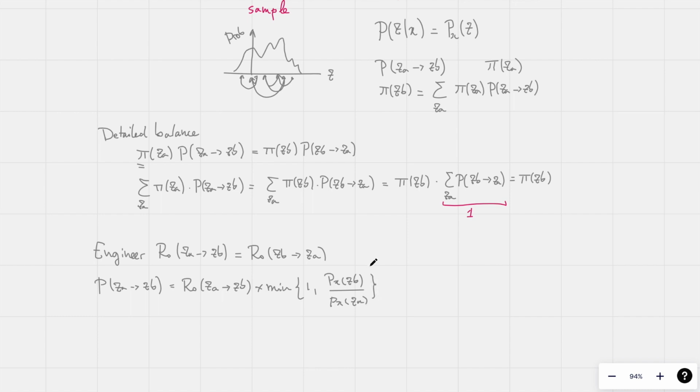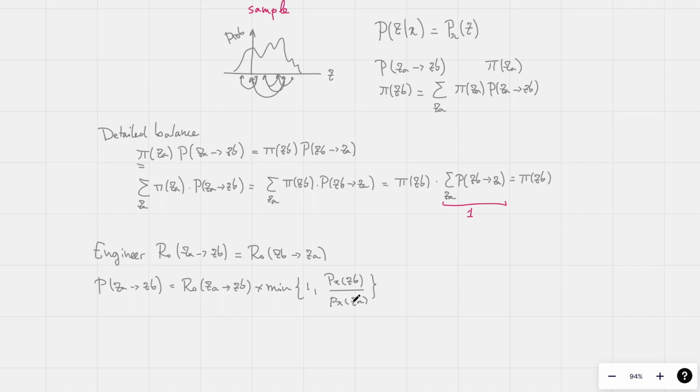So when we look at this here, it says that in order to make a jump from A to B, first, the little jumping machine must propose to do the jump, and you accept it with probability 1 if at the arrival point here you have a higher probability px of zb than px of za.